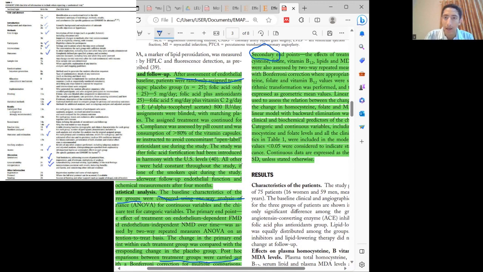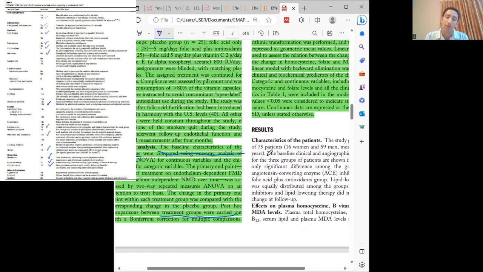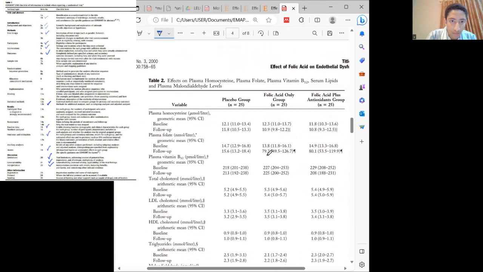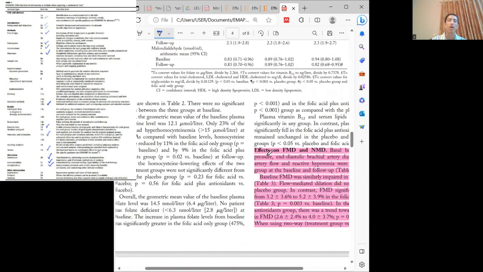Number 17a: for each primary and secondary outcome, results for each group and the estimated effect size and its precision. Oh, this one.